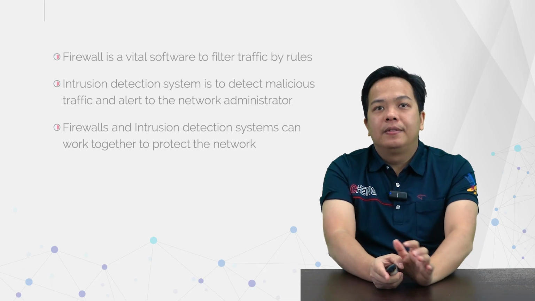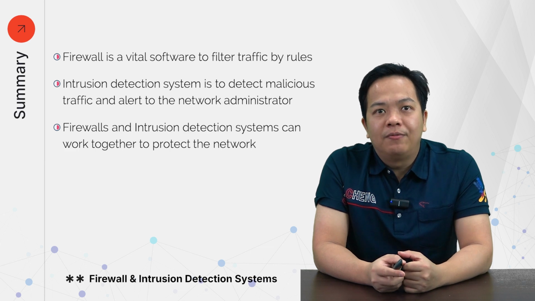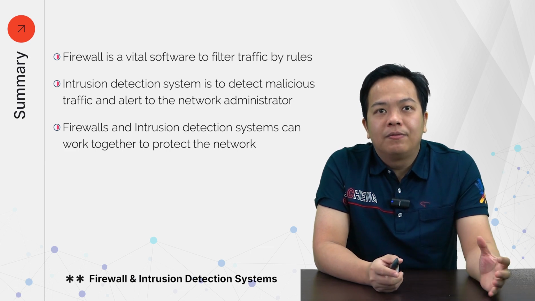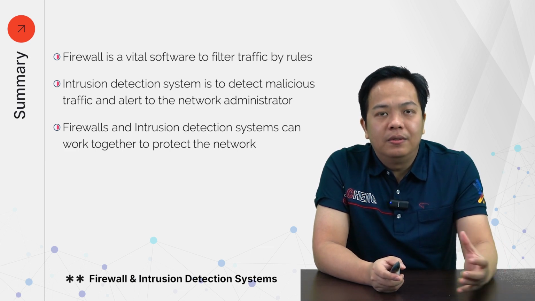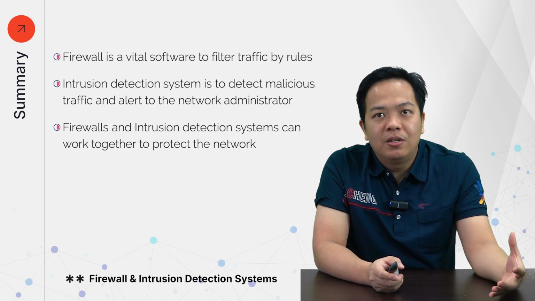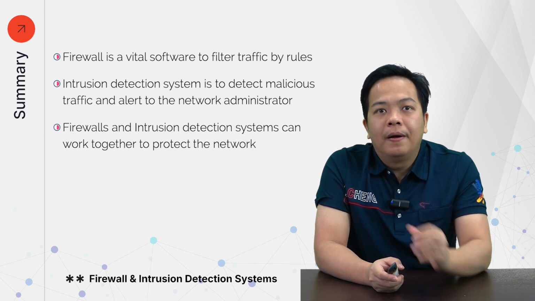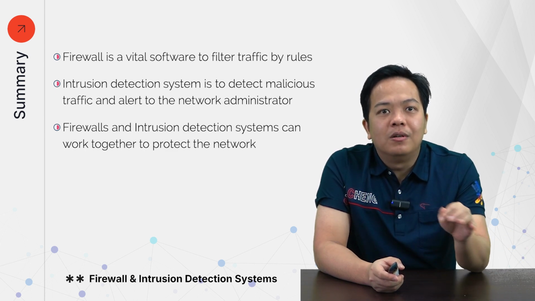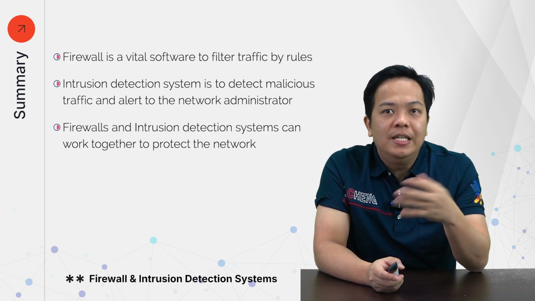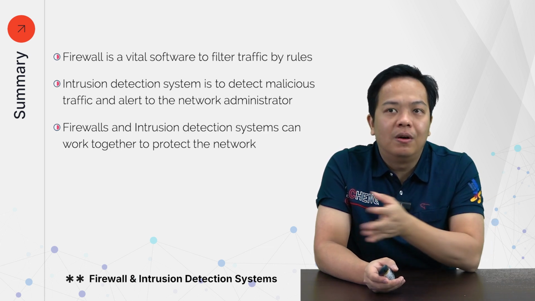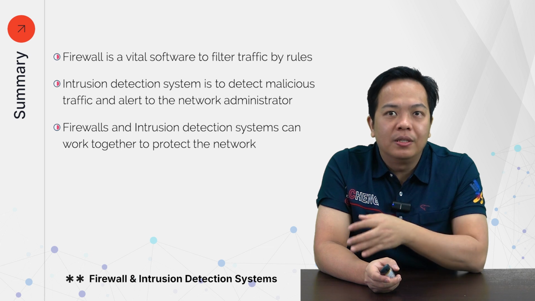Okay, the summary for this lesson. The firewall is a kind of software filter and can filter malicious traffic by rules. But different from the firewall, the intrusion detection just detects malicious traffic and alerts the firewall or a network administrator.